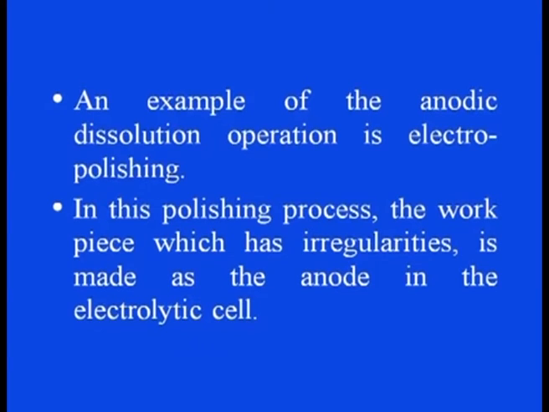An example of the anodic dissolution operation is electropolishing. In this polishing process, the workpiece which has irregularities is made the anode in the electrolytic cell. The workpiece gets polished and irregularities on its surface are dissolved preferentially, so that after the process the item gets shining and becomes flat.